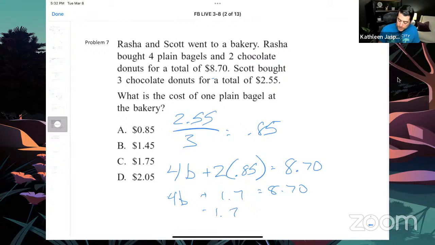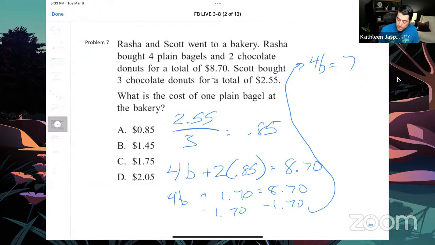So minus the 1.70, and this is now going to go up to here. We have 4 bagels are equal to, this should be $7, right? 8.70 minus 1.70 is 7.